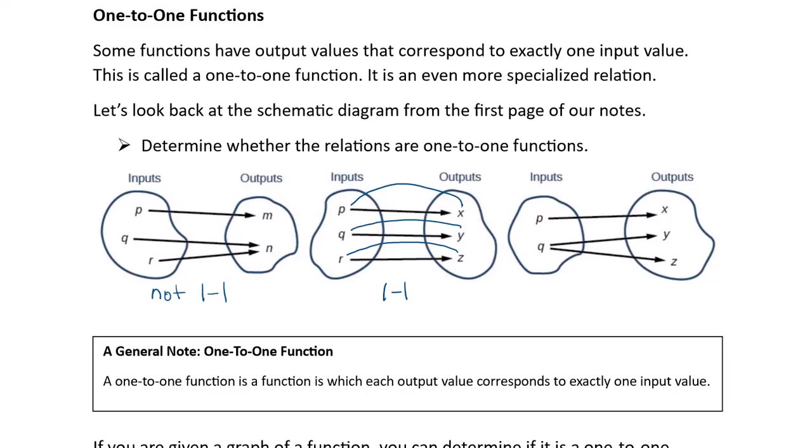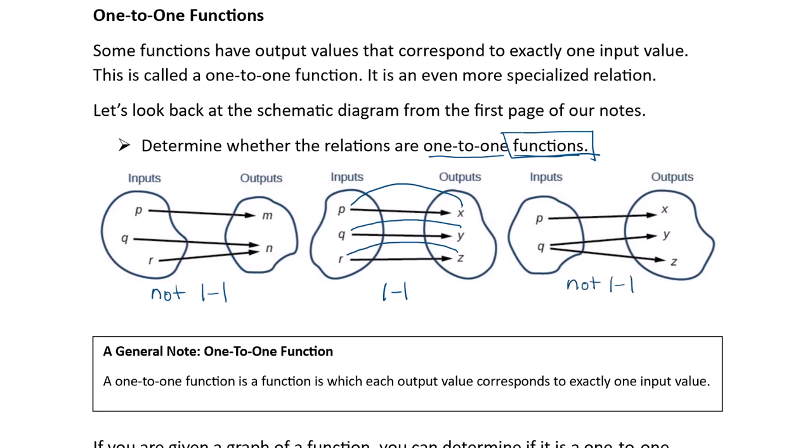So even though every output comes from exactly one input, it's not a function. For something to be a one-to-one function, it has to be a function in the first place. This one is not a function, so it can't be one-to-one.